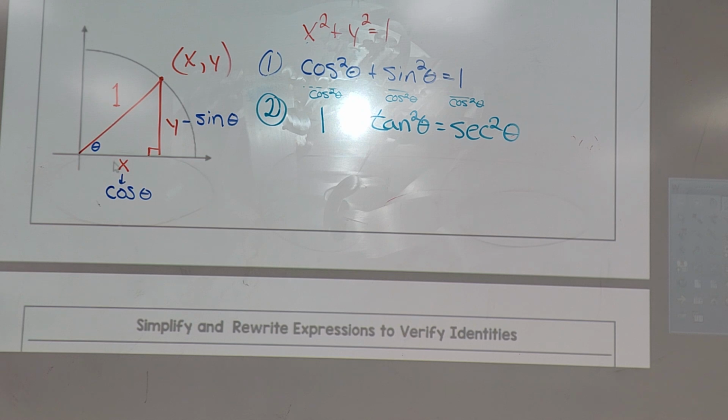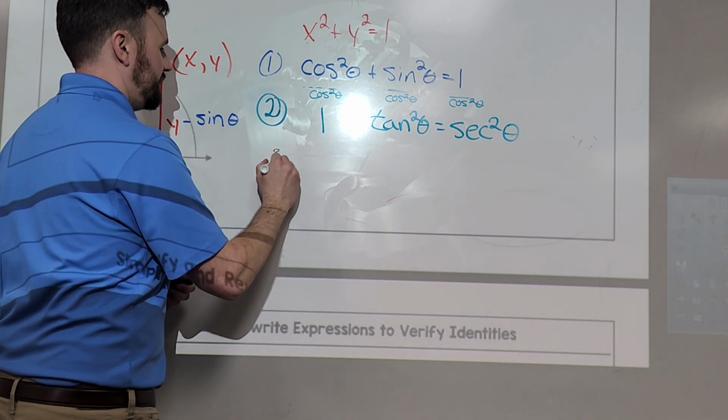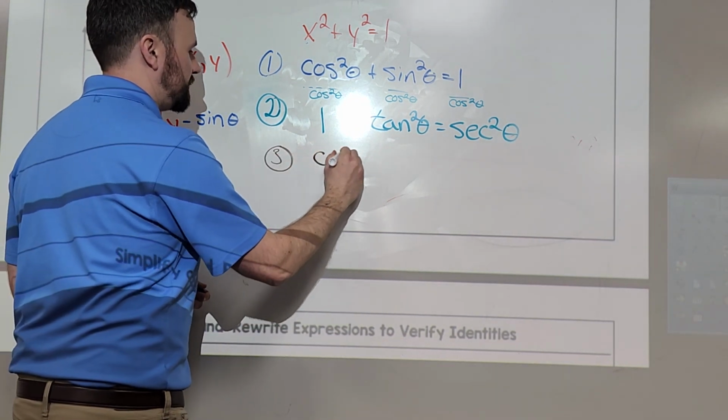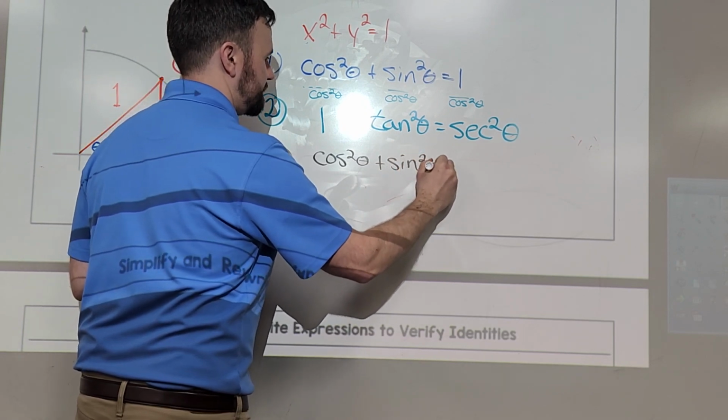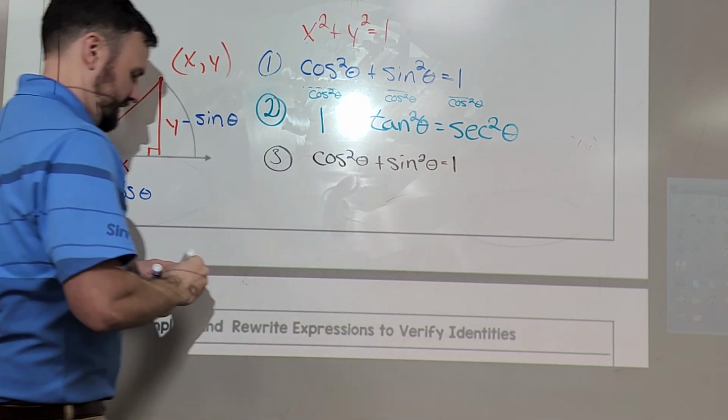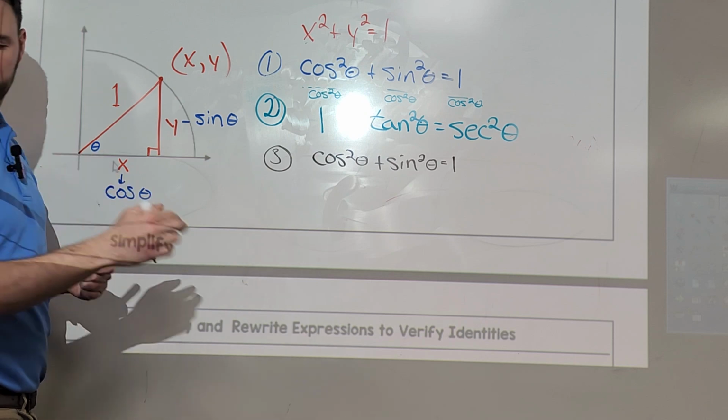Now, do you guys think I can prove another one? Let's do the last one. So I'm going to start with something I know. I know cosine squared plus sine squared is what? 1, right? What if I divide everything by sine squared?